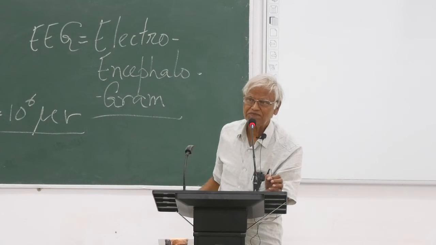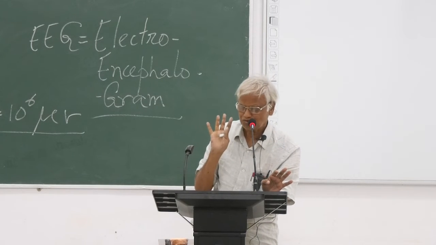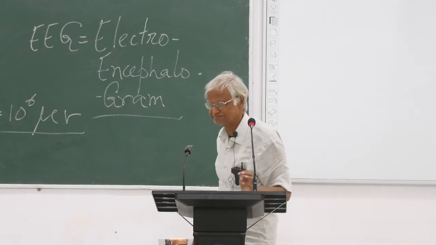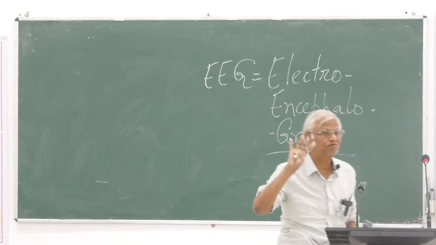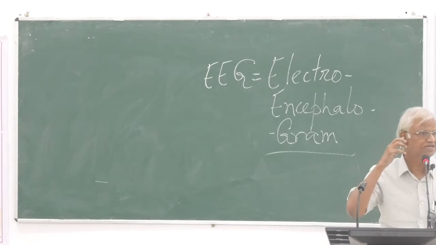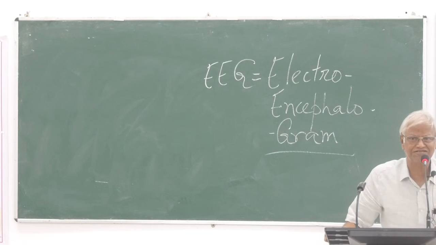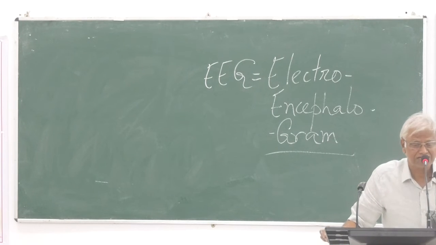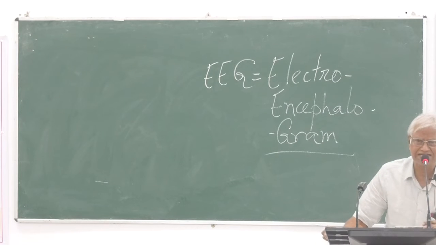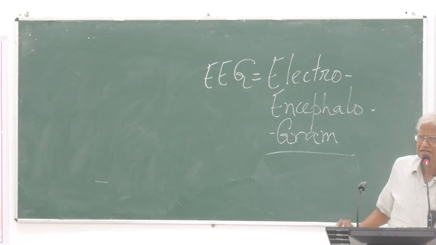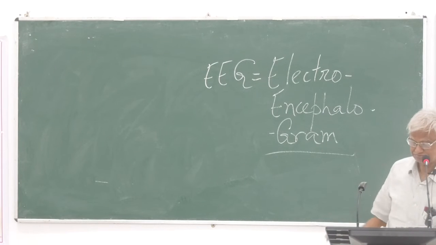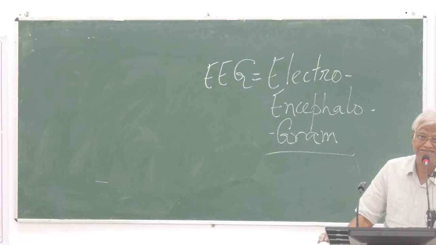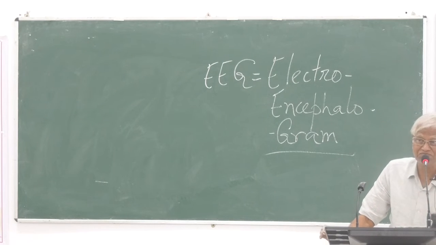So, he found that 4 types of waves are found. Waves produced in the EEG, just like PQRST in ECG, there are types of waves, not exactly like PQRST, but in a rhythm.